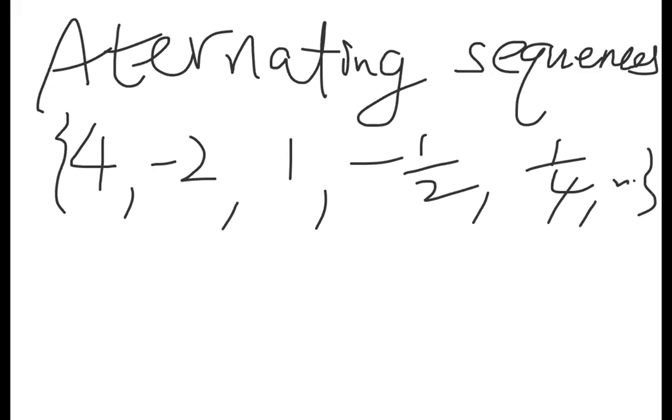Right. So for alternating sequences, you just have an extra minus 1 power applied to the general term for this sequence, right?